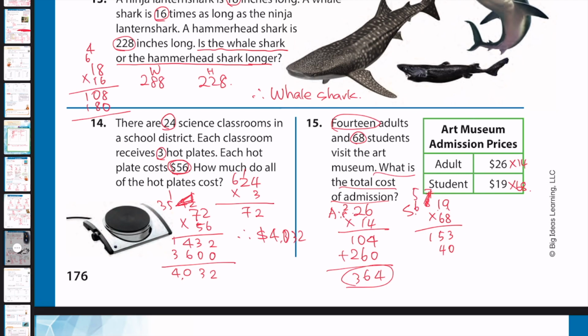When you add them together, it's going to be 11. 3, 9, 2, 1. So let's add 364 together. It's going to be 7, 15, carry 1 up, 6, $1,656.